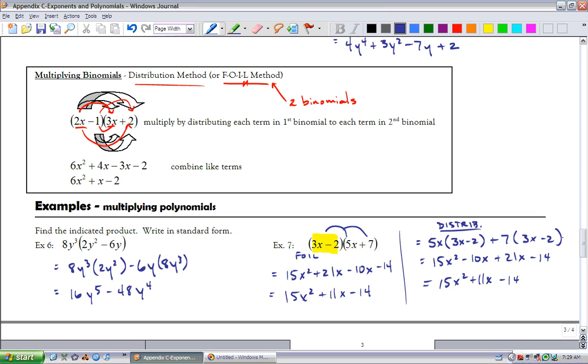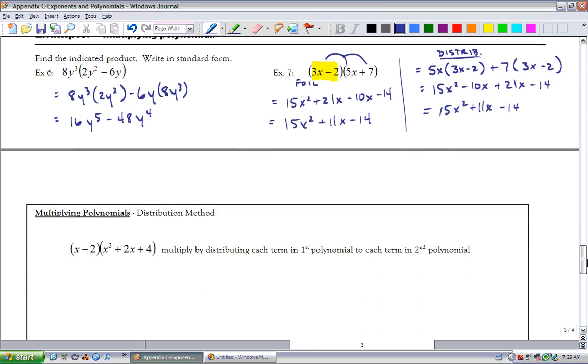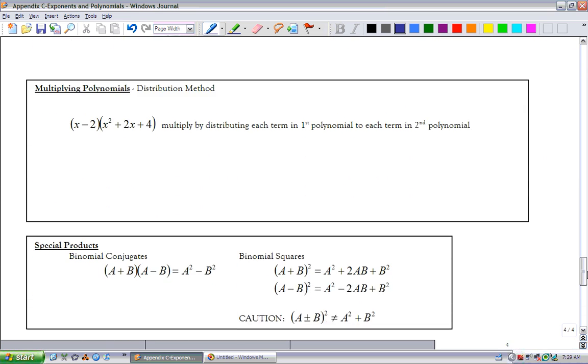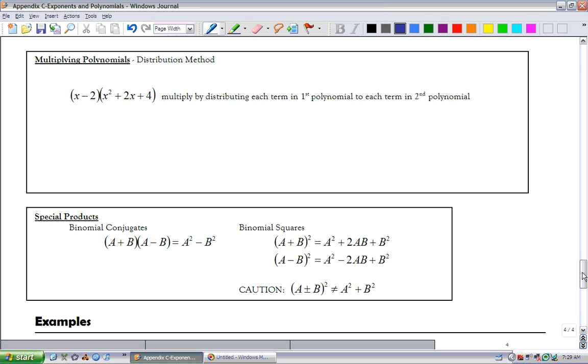The distributive method will help you in many more cases than FOIL. Another example of how that will happen is this. We can't FOIL this situation because we need more letters. FOIL's an acronym. We don't have just a first, outside, inside, last. We have more because we have this middle term now. So I'm going to take this entire thing, this x minus 2, and distribute it to each term.